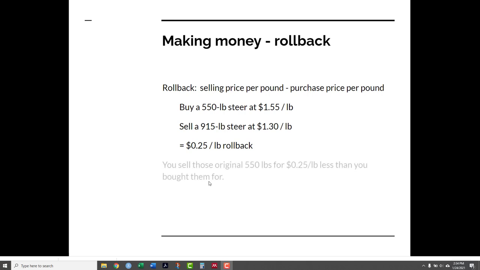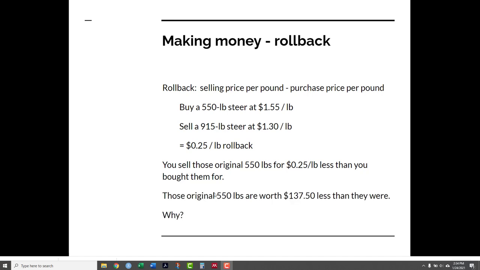The issue is that you're buying the initial 550-pound steer at 155, but you have to sell those 550 pounds back into the market at 25 cents a pound less than you paid for them. So you have a rollback, or a cheapening, of the original steer that you bought.